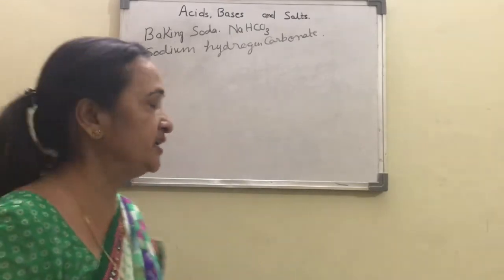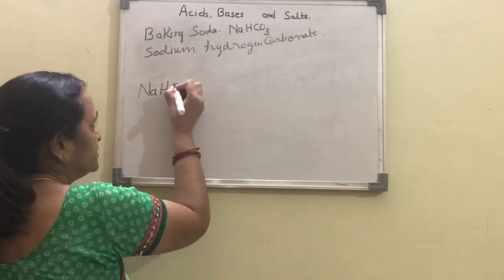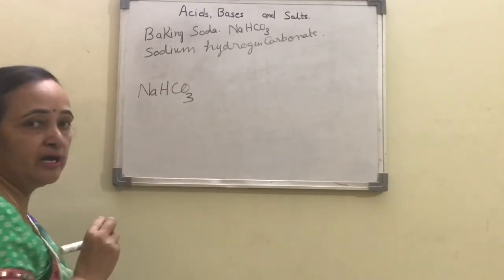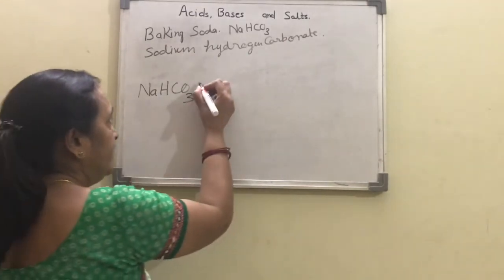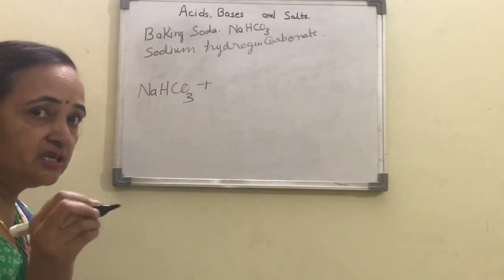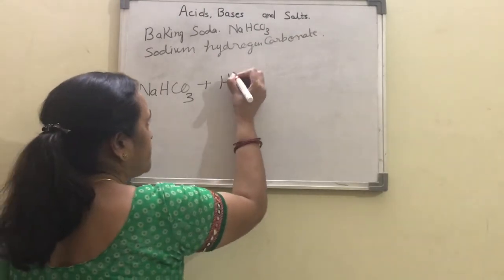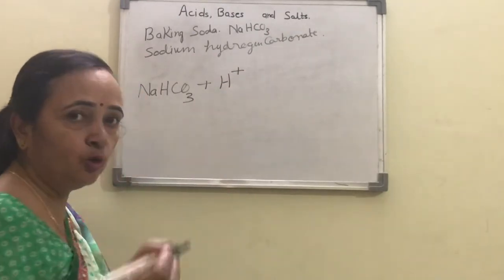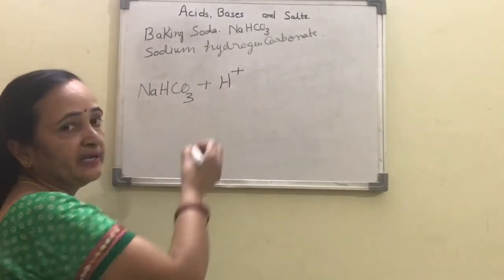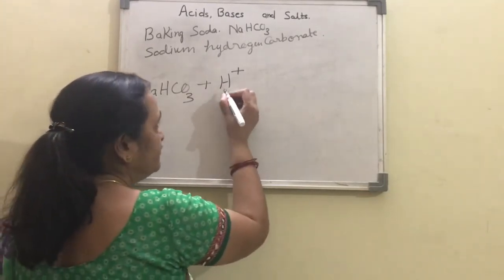Now let's see the reaction, how it comes out. This is NaHCO3, baking soda, and now when we add any acid, it means it is giving hydrogen ions. So suppose instead of writing the whole acid, I am writing only H+. It means hydrogen ions are obtained from any acid.